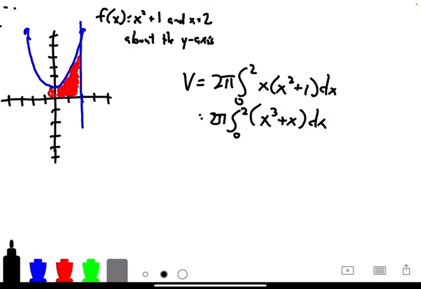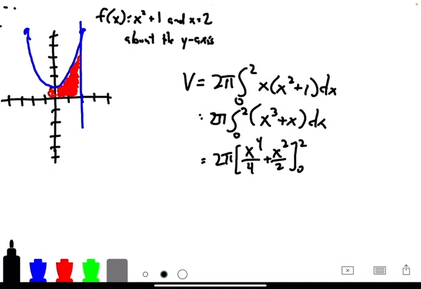And now here we need to find the antiderivative of x cubed plus x. That would give us x to the 4th power over 4 plus x squared over 2. We're still evaluating this from 0 to 2.